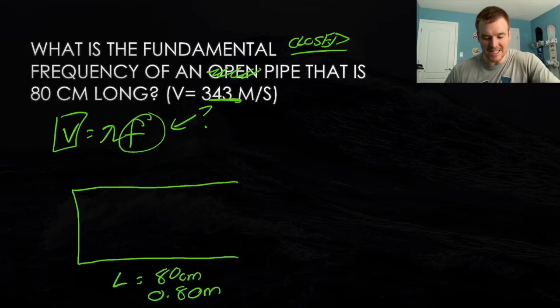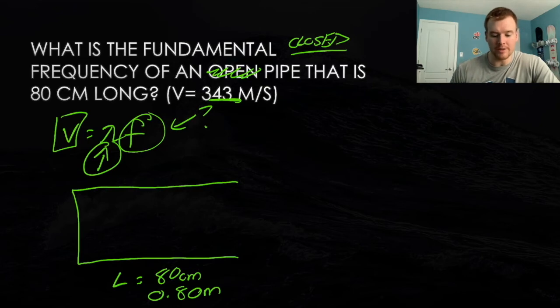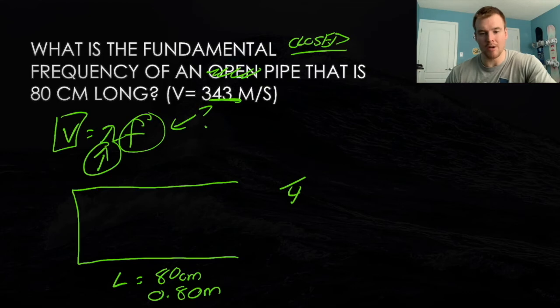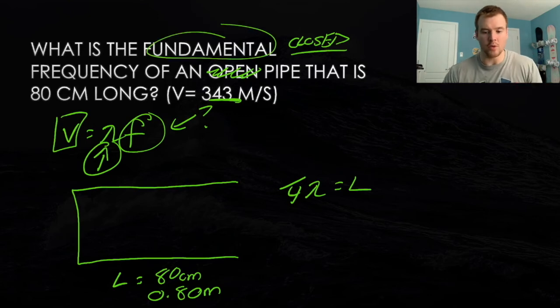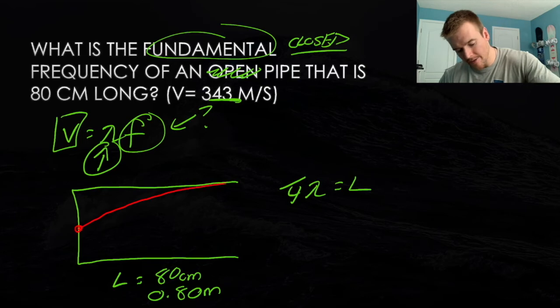Now remember, I just need to figure out what the wavelength is in this formula. So I need a way to go from the length of the pipe to the wavelength. And we saw this before, when we wrote that some ratio, some amount of quarters of the wavelength, was equal to the length of the pipe. How many quarters just depends on if it's the fundamental frequency or which harmonic it is. This one says the fundamental, so we know that the wavelength is so long that only 1/4 of it fits inside of here.